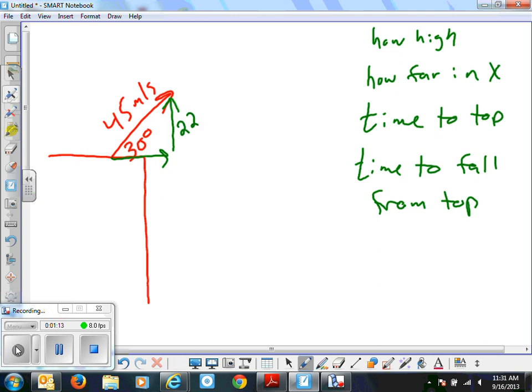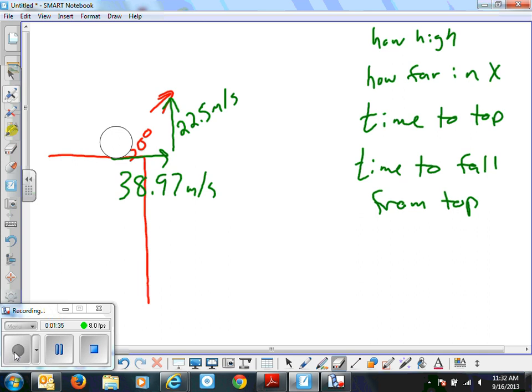We have 22.5 meters per second up, and the cosine of 30 times 45 is 38.97 meters per second. Do we get agreement on that number? Okay, so now that we have this, we don't even think about the 45 meters per second at 30 anymore. We're done with that for now, okay?